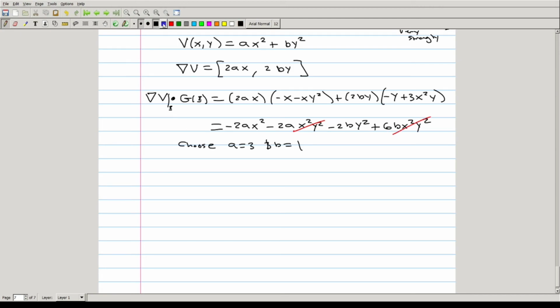And what's left over is that the dot product of the gradient with g simplifies to negative 2 times 3x squared plus 2y squared.